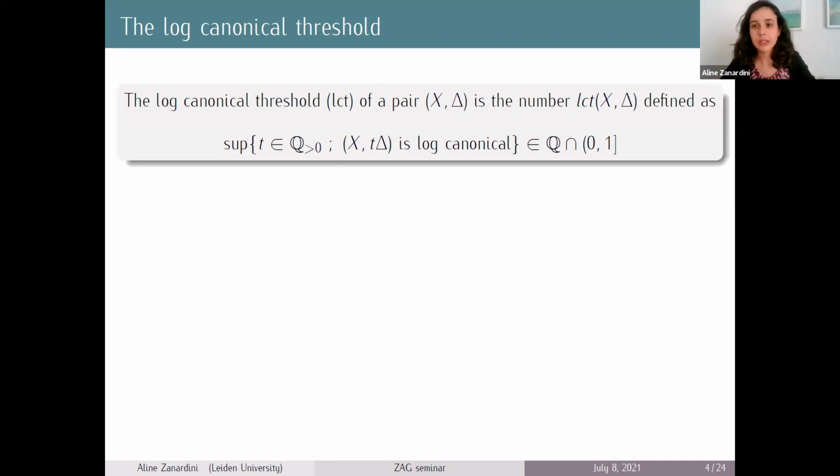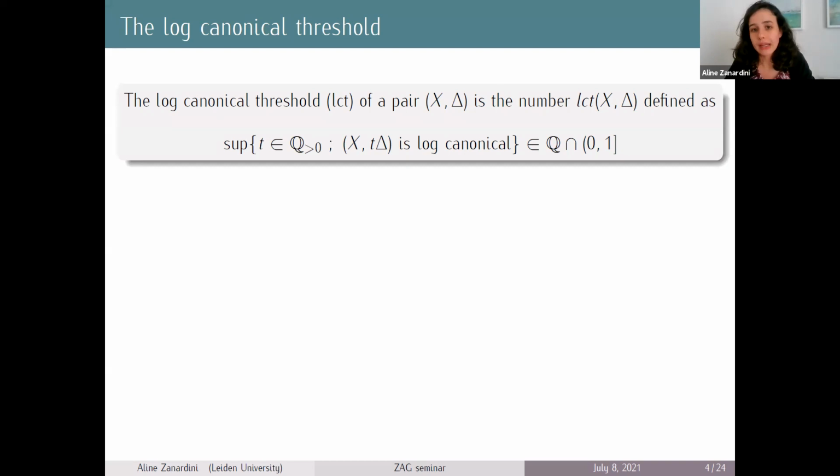So here is a definition. The log canonical threshold is a number that we can associate to a pair (X, Δ). Here X is a variety, Δ a choice of divisor on it. This is measuring the failure of the pair being what we call log canonical. For the purposes of this talk, let's say X is smooth. So being log canonical is telling us something about the singularities of Δ. And the smaller this number is, the worse the singularities are.